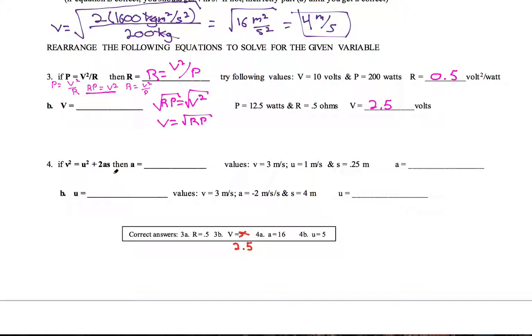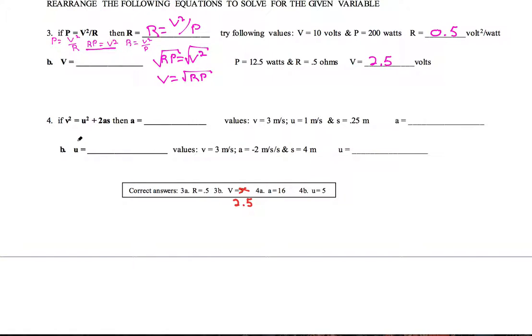All right, number 4. If V squared equals U squared plus 2AS, then A equals, so we want to solve for A. And this is just a long, complicated equation to give us something to play with, to have some fun with here. So the first thing I could do is move my U squared over, right? That's a pretty simple step. I'm trying to get towards getting my A by itself. I could divide both sides by 2S.